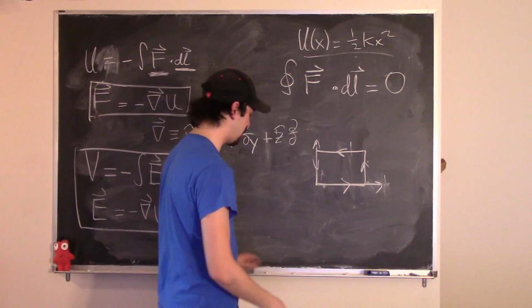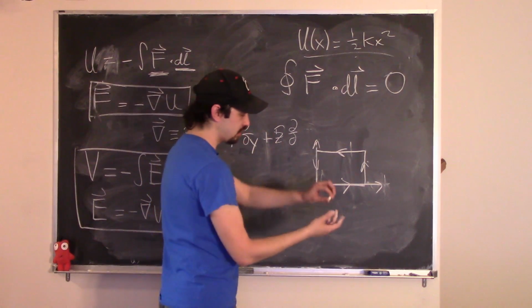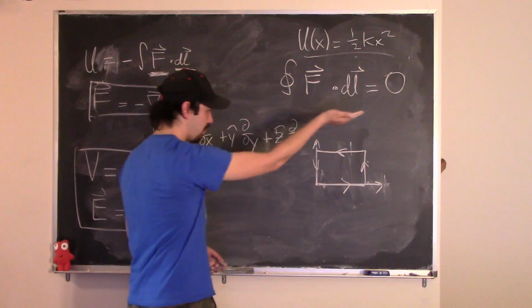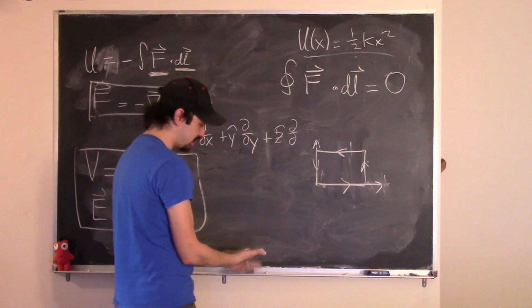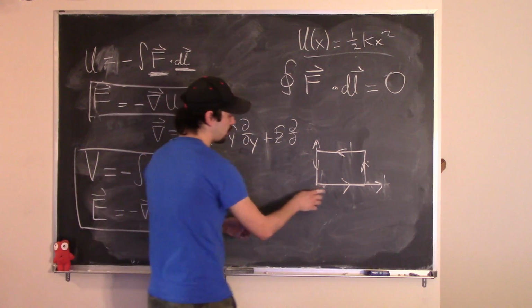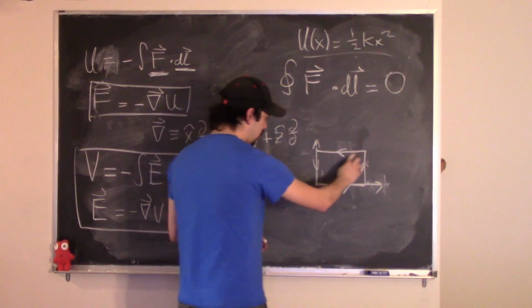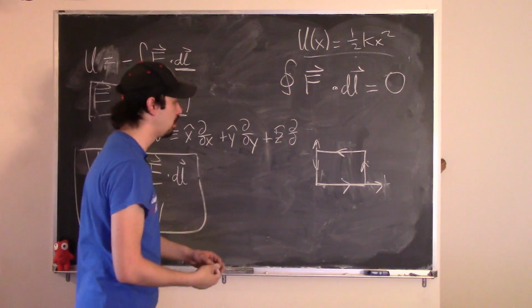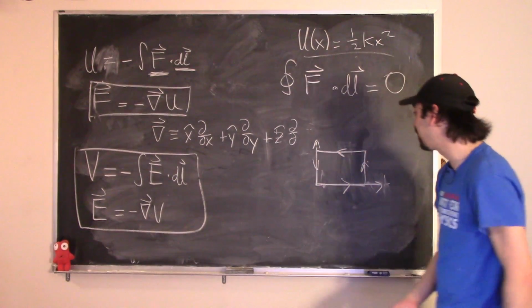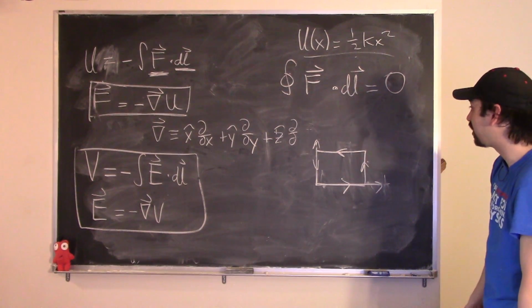If I have this chalk, treat this as a mass. If I move it out, I move it up, I move it over, and I move it back down, and then I'm at the same point. If the integral of the forces around that path is equal to 0, then energy is conserved. But if that's not the case, then you can't say that energy is conserved.